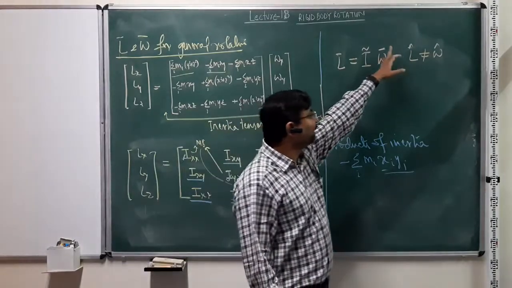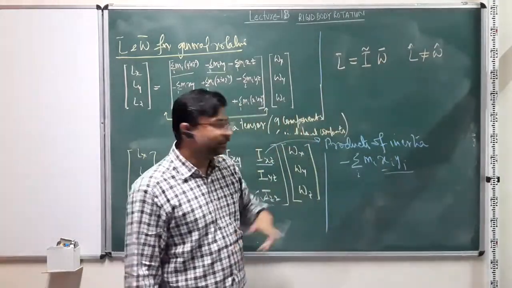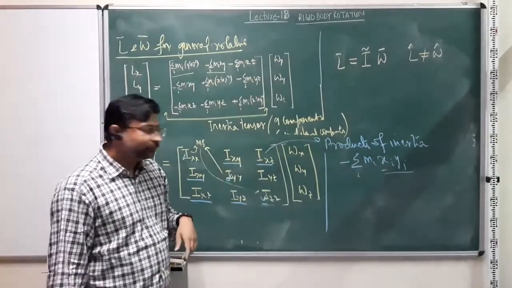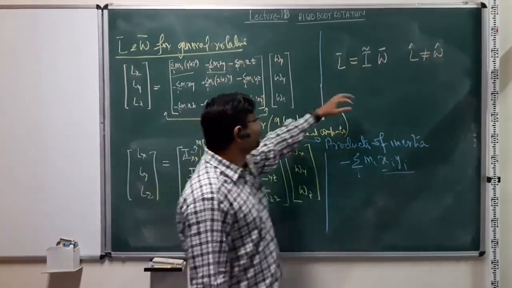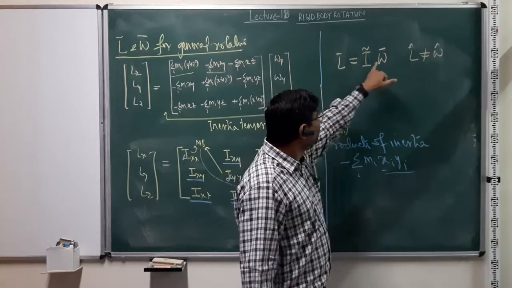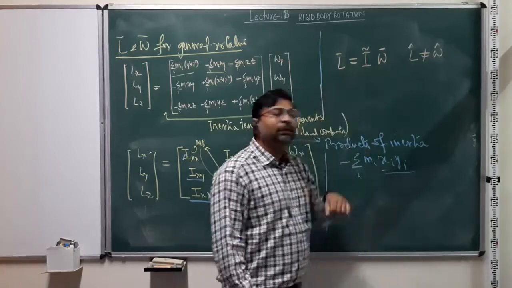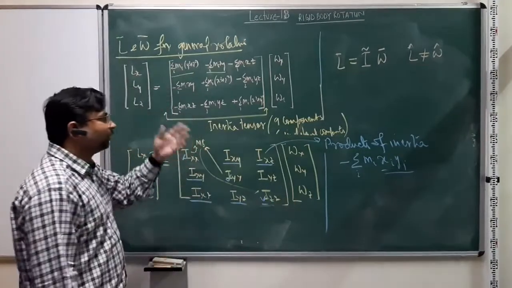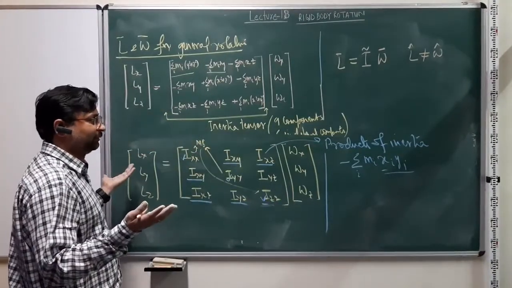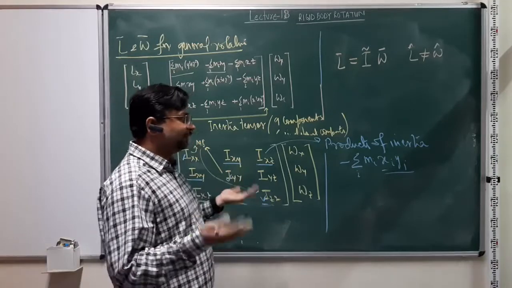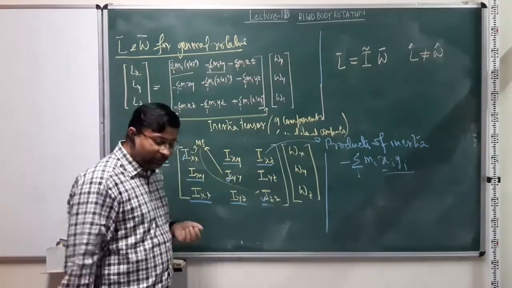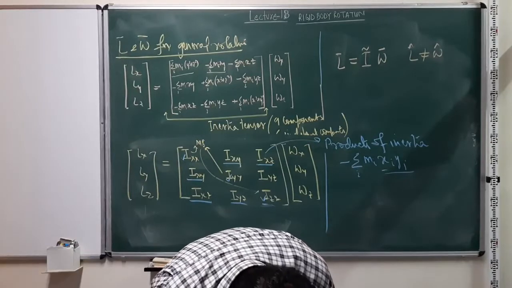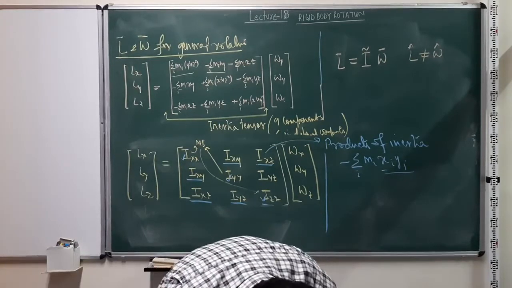Now L cap can be in any direction, omega cap can be in any direction, because I, the inertia tensor, is my transformation, which gives me the relation between the total angular momentum and the angular velocity of any particle or any rigid body about any given axis. So now we are not bound to a fixed axis rotation or rotation along a particular direction. Okay, so far so good.